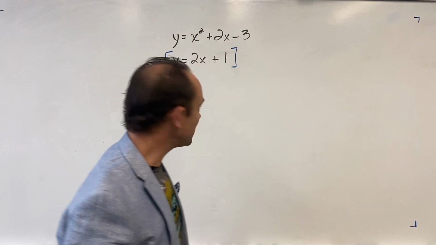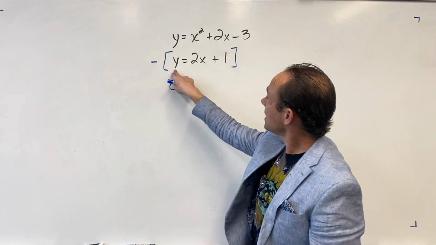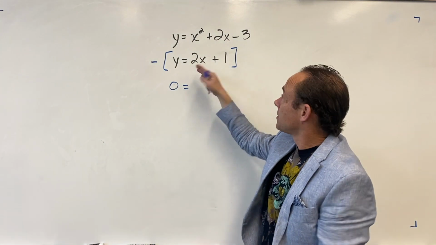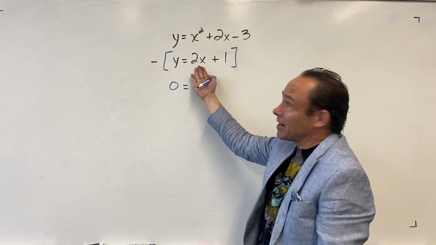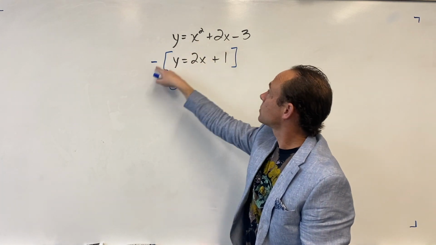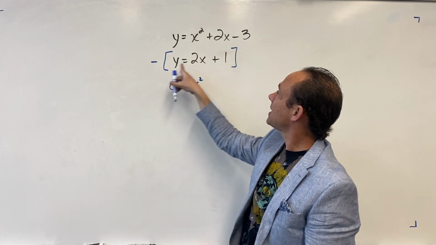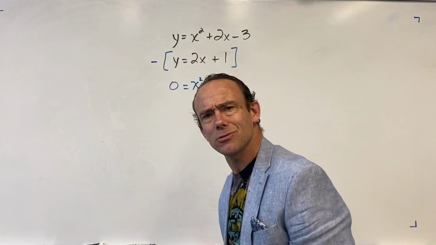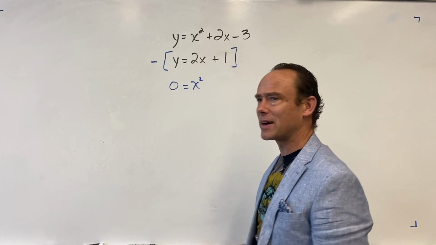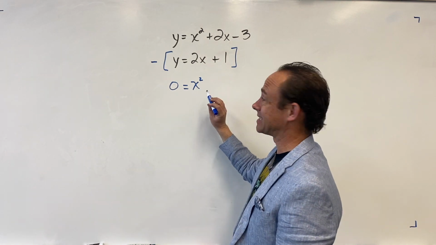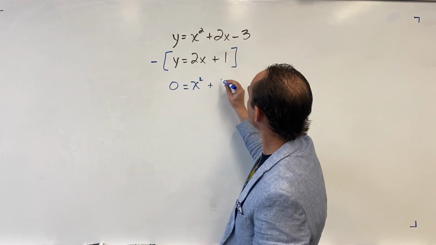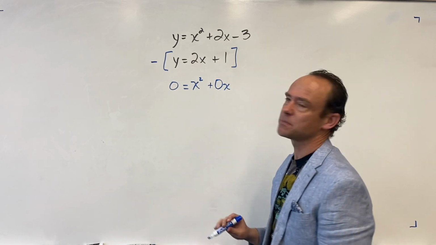Okay, so these two are equal, so on the right side of the equation, I can subtract 2x plus 1, so x squared minus, there is no squared value. 2x minus 2x, that's interesting. That's 0x. I'm going to write 0x this time, just for now.